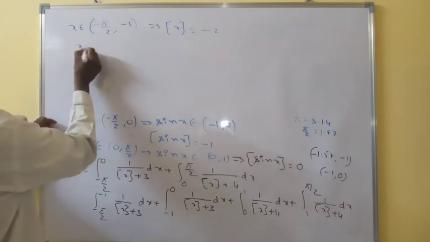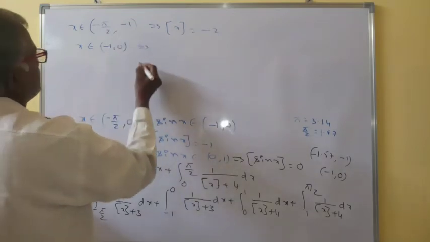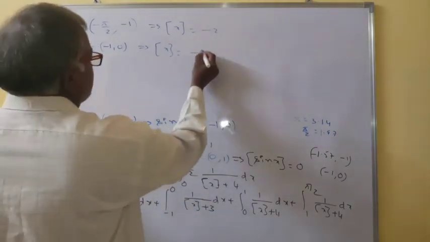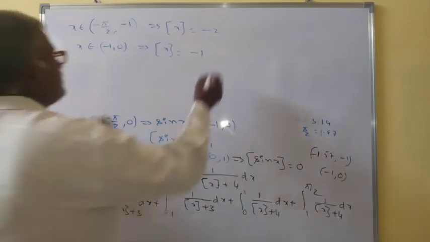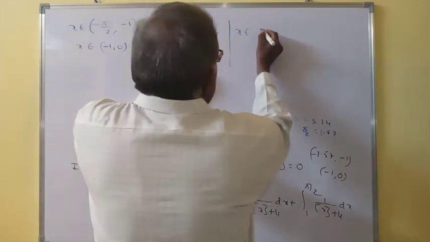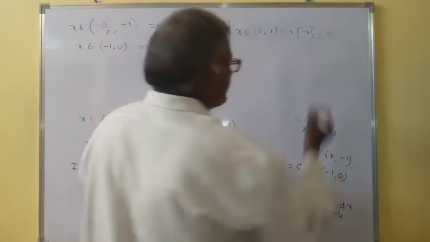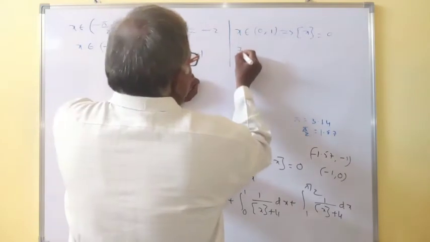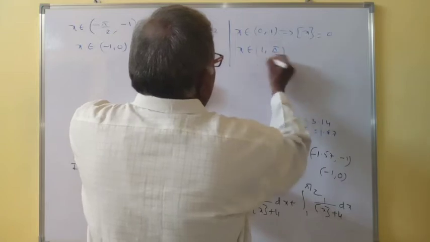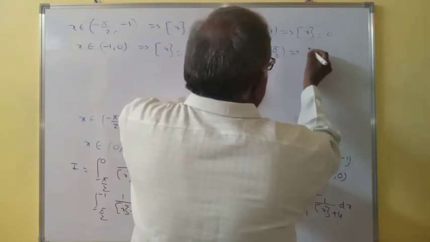Next, here minus 1 to 0, [x] is equal to minus 1. Next, in this interval 0 to 1, [x] is equal to 0. Again in this interval 1 to pi by 2, this value is nothing but 1.